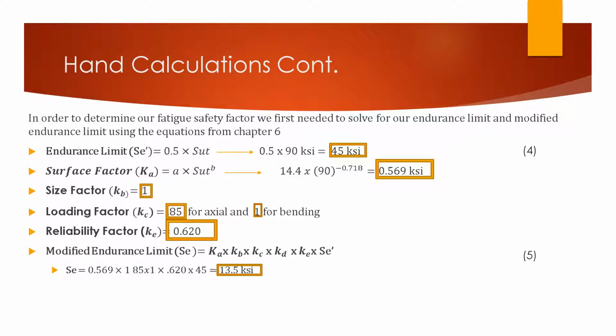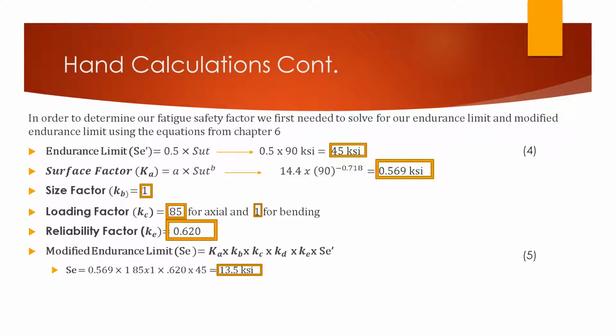Continuing our hand calculations, we needed to determine our fatigue safety factor, but first we needed to solve for our endurance limit and modified endurance limit using the equations and tables from chapter 6. Given our endurance limit Se equal to 0.5 times the ultimate tensile strength, which equaled 90 ksi, times 0.5 gave us an endurance limit of 45 ksi.